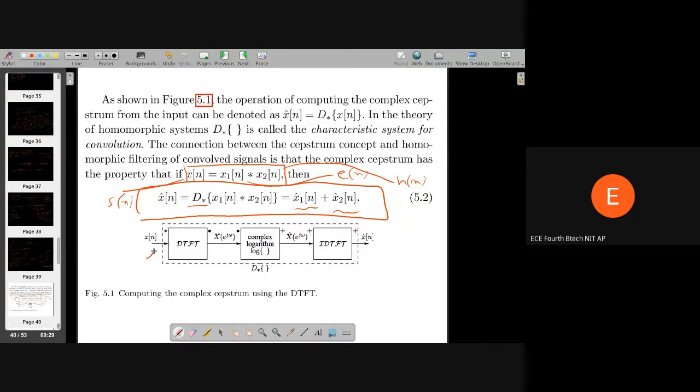So what we do, this s[n], we get its discrete time Fourier transform. We take the log, and then from the spectrum we take the inverse Fourier transform, and then you will get your complex Cepstrum. If you take the magnitude only, then it will be only the Cepstrum.